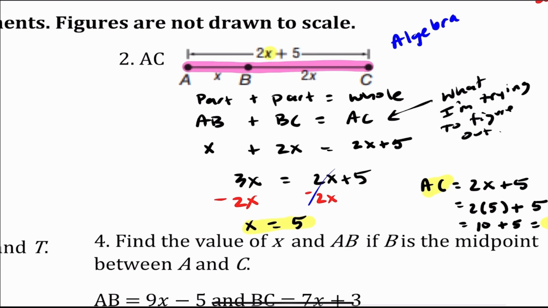So how long is AC? It's 15 units long, and we are dealing with the language of algebra. The measure, how long is that segment, okay? You're assigning that value, or you're trying to determine what the value of that segment is, okay?